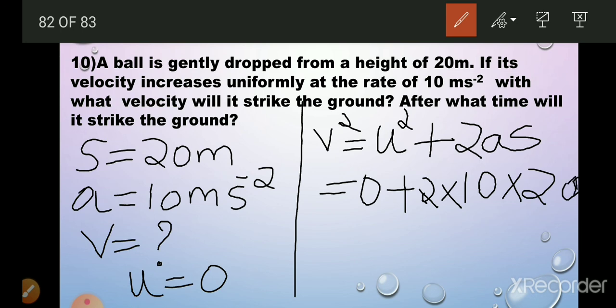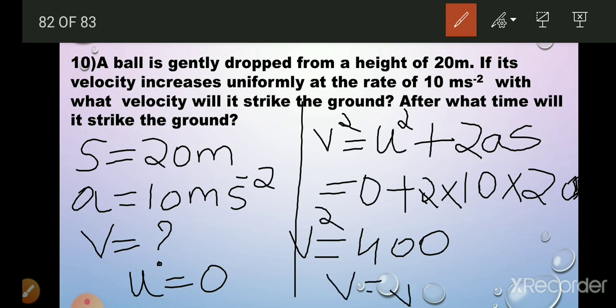So 20 into 10 into 2, you are going to get 400. v square is equal to 400, therefore v is equal to square root of 400.